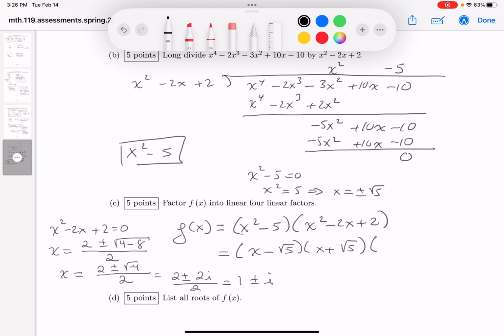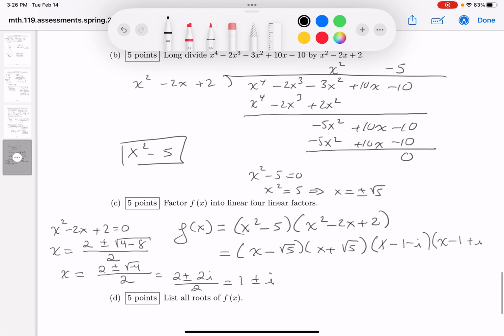So let's write this down. It's going to be 1 minus the root, 1 plus i. You know what? This is an x. Sorry about that. That wouldn't make sense anyway, would it? The next factor is x minus 1 plus i. Put a box in this.